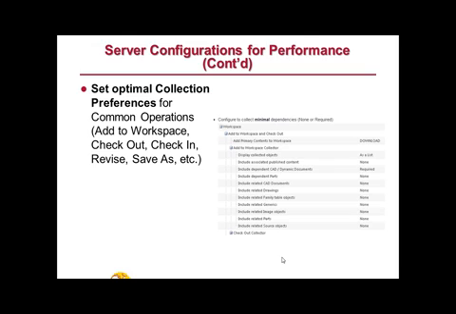When there are more dependencies, or when you keep all the dependencies on, it will fetch more information from the server which you might not actually need, thereby decreasing the performance of the server. So you can go to the preference manager in Windchill and set the preferences for collection to minimal dependencies. That could be either none or required.